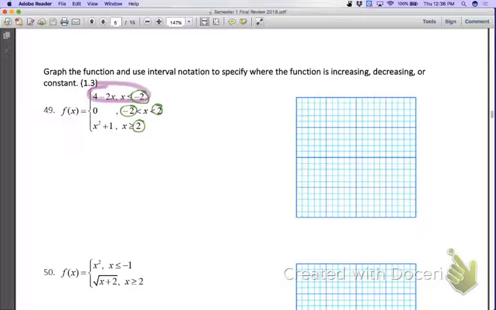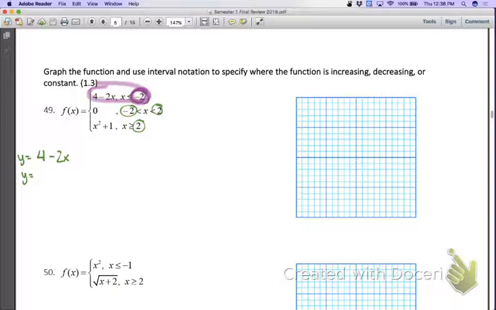So if I have 4 minus 2x, I need to plug in this value right there so I can get my y. I know what x is. I'm going to go over to negative 2, and I've got to figure out where I'm going to put my point.